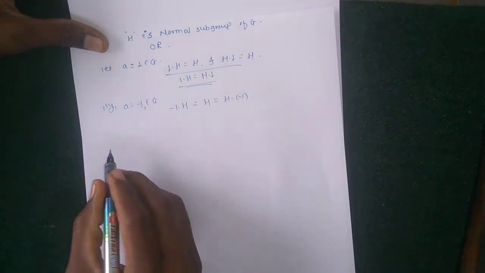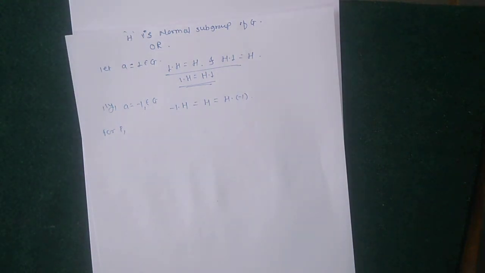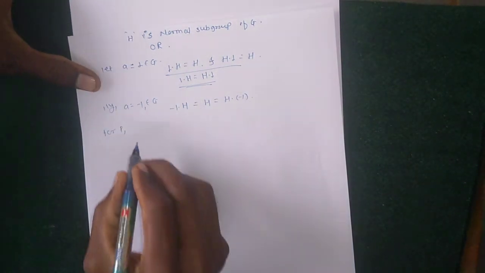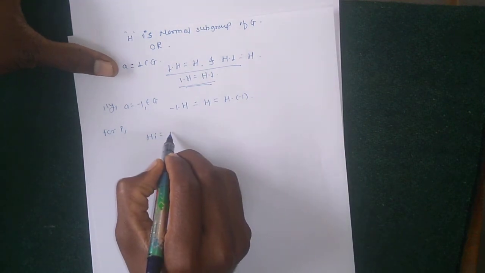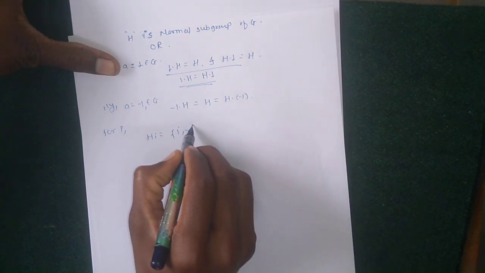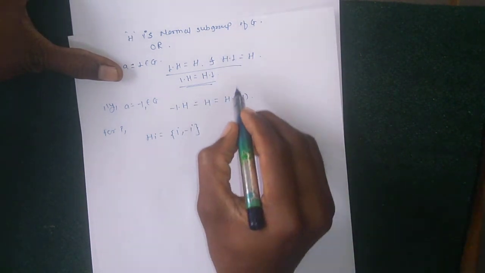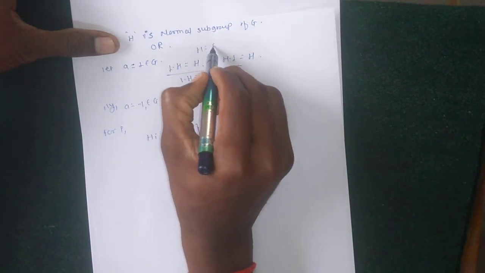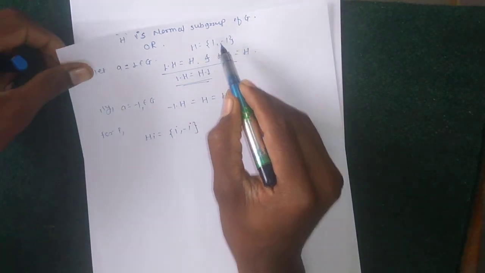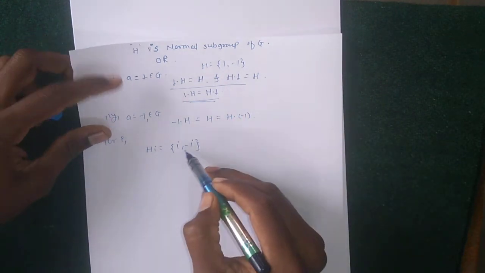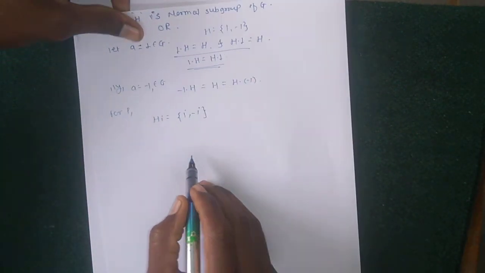Similarly for i, how to find h times i? Here h equal to 1 and minus 1. i times 1 is i, and i times minus 1 is minus i.